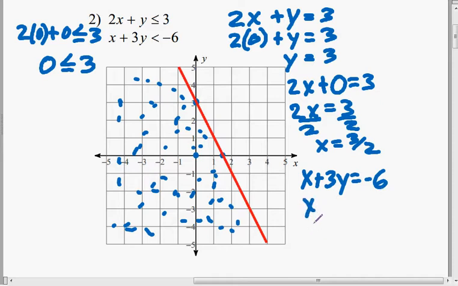If I make y 0, x equals negative 6. So y is 0 on the x-axis, x is negative 6. That's off my graph. Don't want to do that. So I am going to make y something that's almost as easy to calculate. Instead of making y 0, I'm going to make y negative 1.